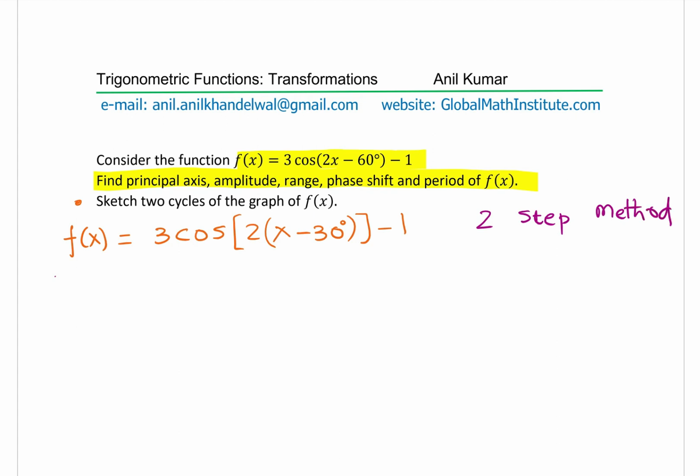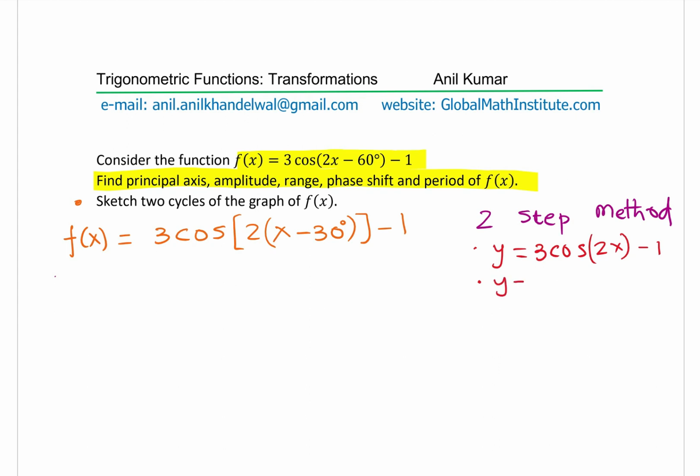In the two steps involved, we will first sketch one cycle of the function, which will be, let's say, y equals 3 cos 2x minus 1. And then we'll sketch the second cycle, which will incorporate the shift of 30 degrees to the right.